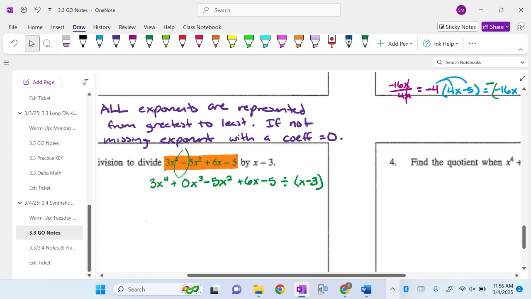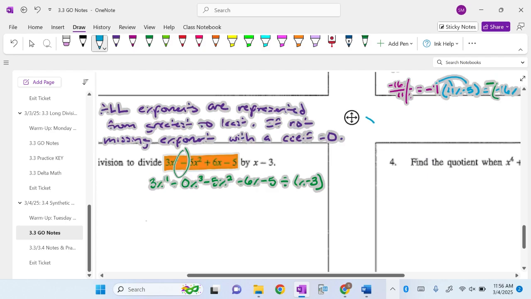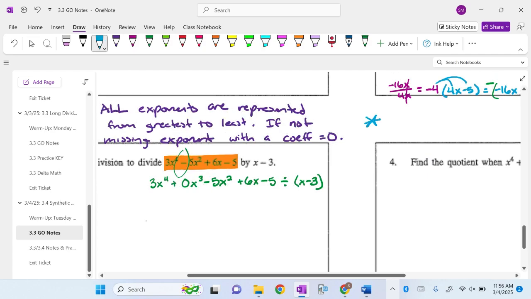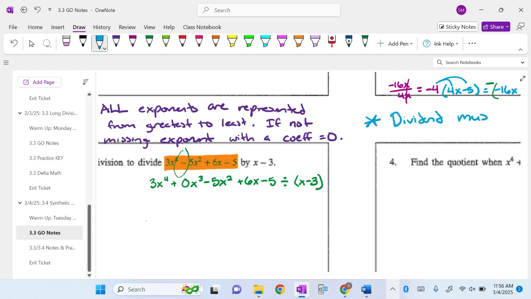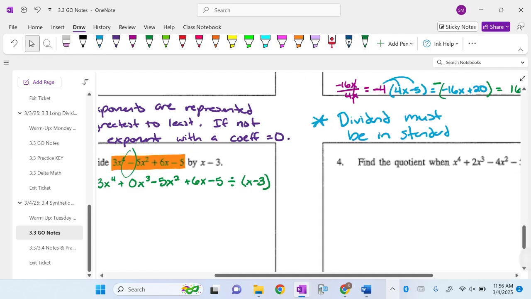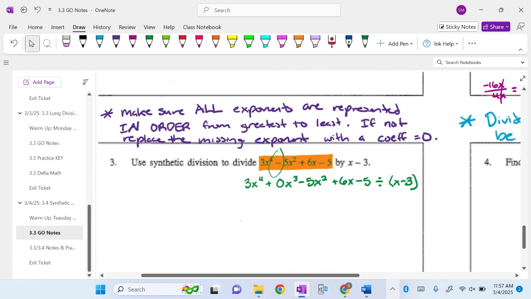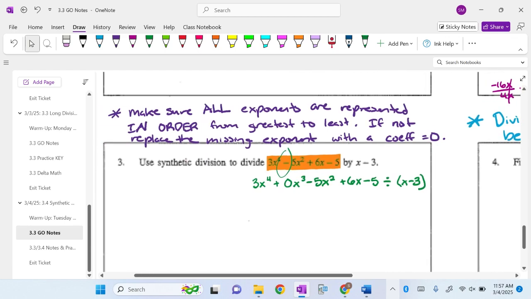Another thing I would make a note of, and this goes for long division too, is that the dividend must be in standard form. This is for either long division or synthetic. And the 0 rule also applies to long division. So both of these notes apply to both types of division.